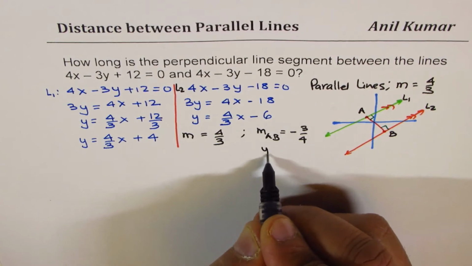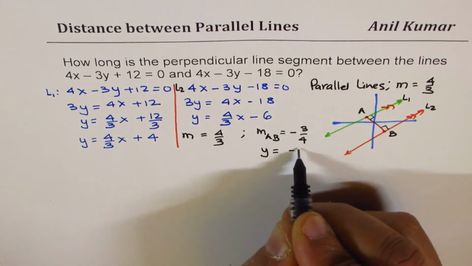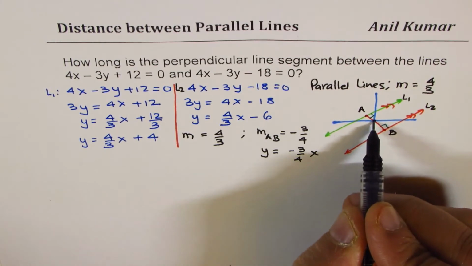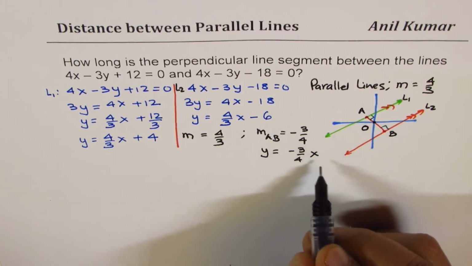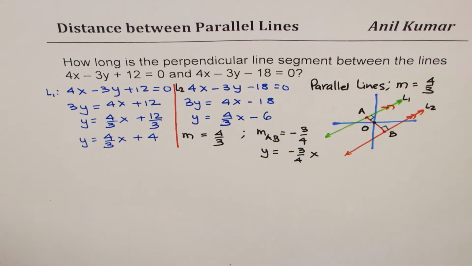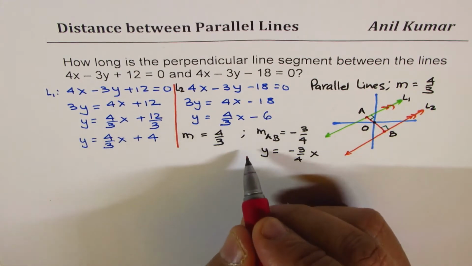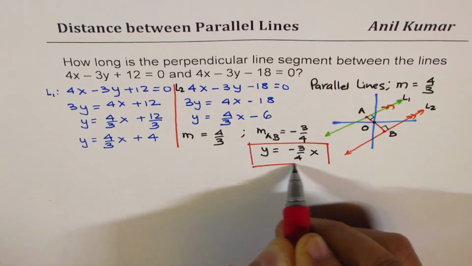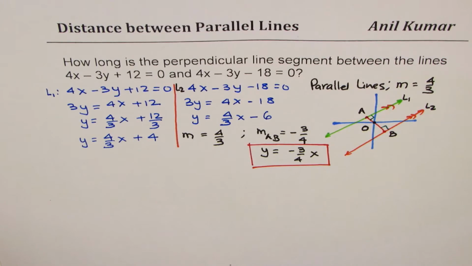Well, the equation will be y equals minus 3 over 4 x, right? Since the y-intercept is the origin O, so B is 0. So that becomes the equation for our segment, right? So let me just highlight this. That becomes the equation of our segment.